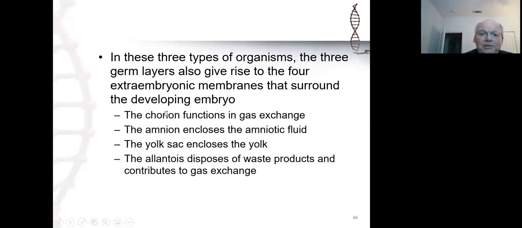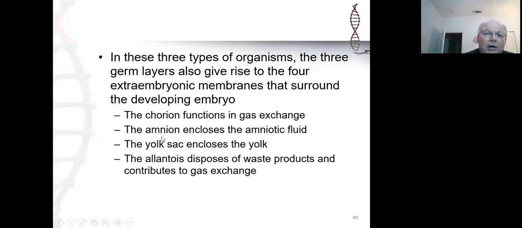Some of these membranes also contribute partially to the formation of the placenta, which shouldn't come as a surprise, because remember, the placenta is carrying out all of these tasks in placental mammals. And so the placenta does gas exchange, the placenta moves the nutrients from the mother's blood to the developing embryo and takes the waste back to the mother's blood so it can be eliminated.